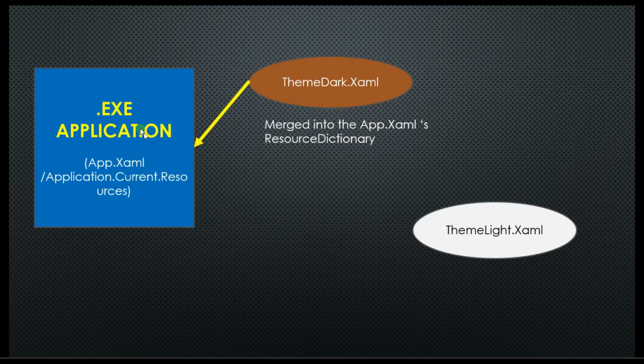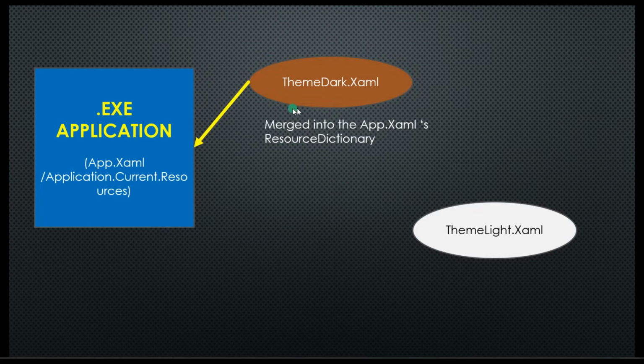So what happens is, at present the exe application has theme dark loaded, or otherwise merged, into the resource dictionary. It has some keys like background, and it also has font family. Those keys have some values, and if you use those keys inside your application, you will see the colors adapted accordingly. And what happens when you change your themes?